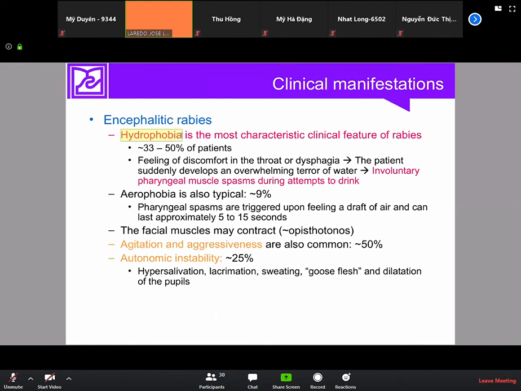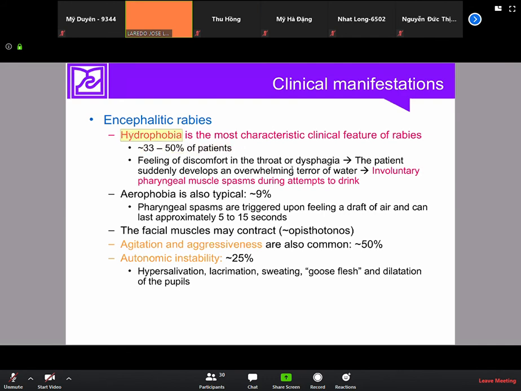What is hydrophobia? Hydrophobia means fear of water. Hydro in Greek means water. Phobia means fear. So what is this? This is found in many patients with rabies, between 33 and 50 percent of patients with rabies.